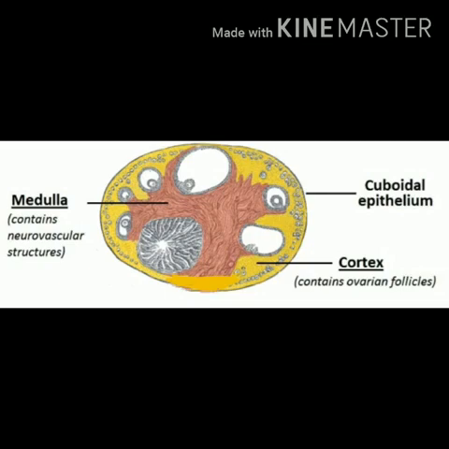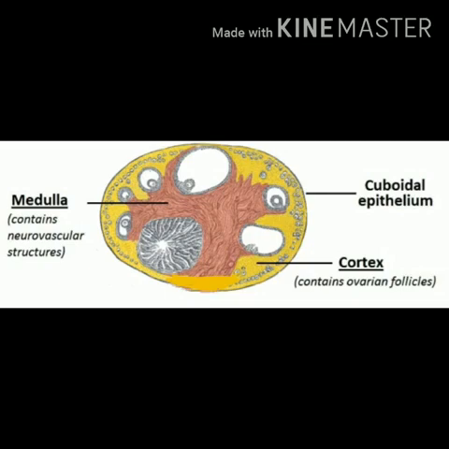The inner part is medulla, which contains neurovascular structure having loose connective tissue, blood vessels, lymph vessels, nerve fibers. And the outer part is called cortex, containing ovarian follicles.